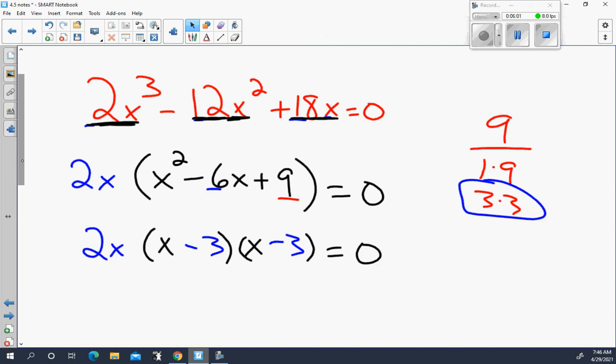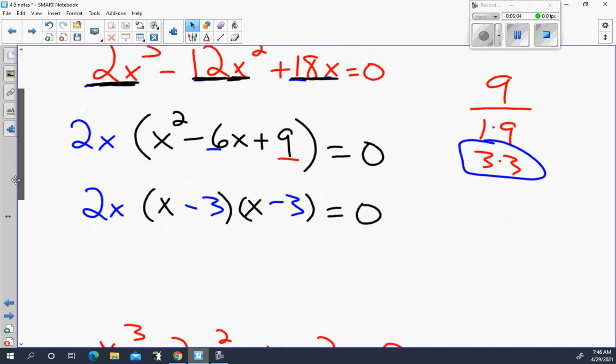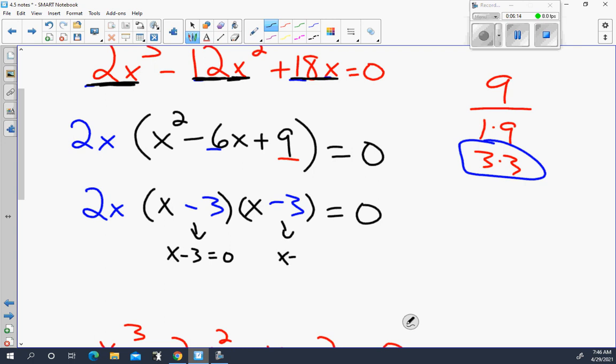Now, just like our previous problem, we're going to break this down into actually 3 different equations now. Here we have this one, x minus 3 equals 0. We have this one, x minus 3 equals 0. But we also have this one right here, 2x equals 0. Now solve.